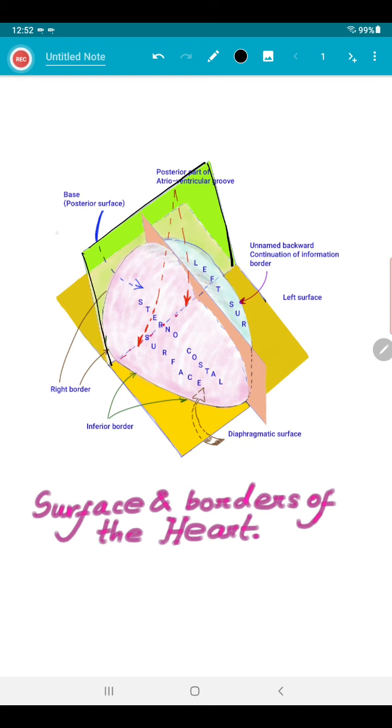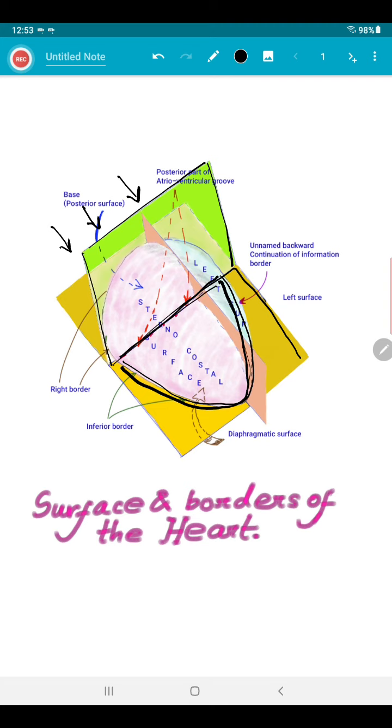If you look from the back, you can see the base or posterior surface of the heart better. Do not confuse the posterior base of the heart with the inferior surface. Which surface is the inferior surface? From this line, the whole part which is sitting on the yellow horizontal surface, the impression on the yellow surface, that portion is the inferior or diaphragmatic surface.